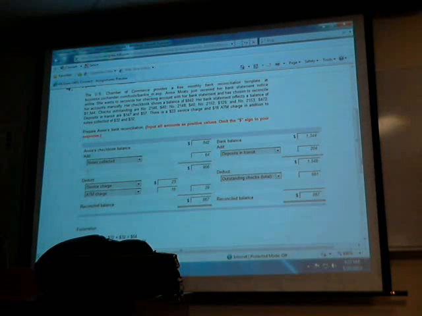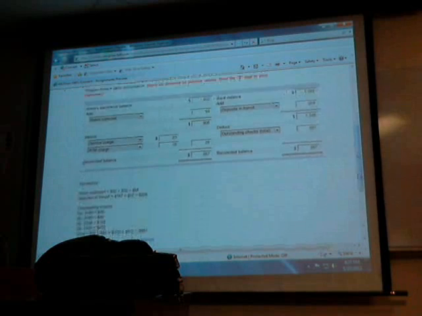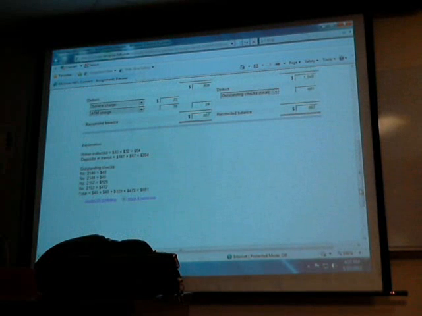Now, if you notice down here at the bottom, let me show you what the explanation shows. We've already talked about this, but take a look at the calculations. These are most of the calculations, or at least some of them, that you have to make. They add the notes collected. Remember we talked about that? Because they only give you one blank for it. They've added the deposits in transit, and they've added together all the outstanding checks.